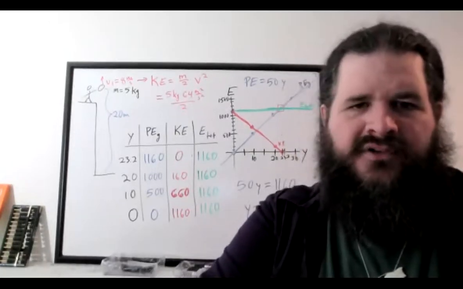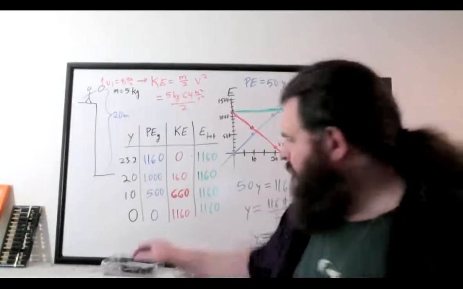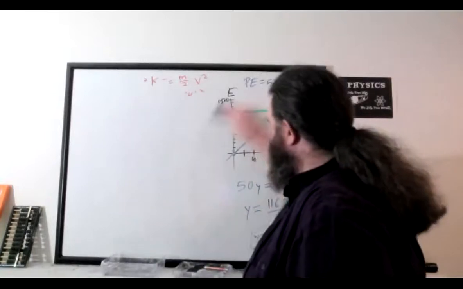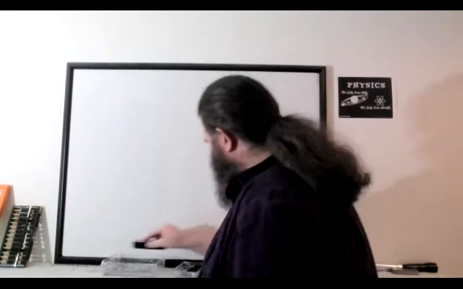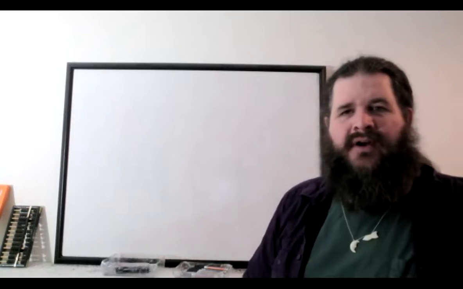If we have our initials, what would we use as initial and final situations here? Is there some location or some instant in time where we know everything, or some instant in time where we're trying to find something?